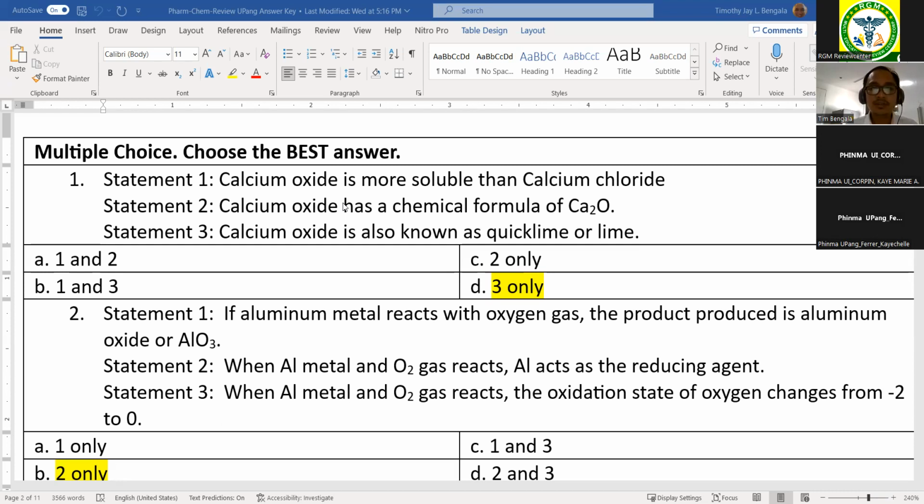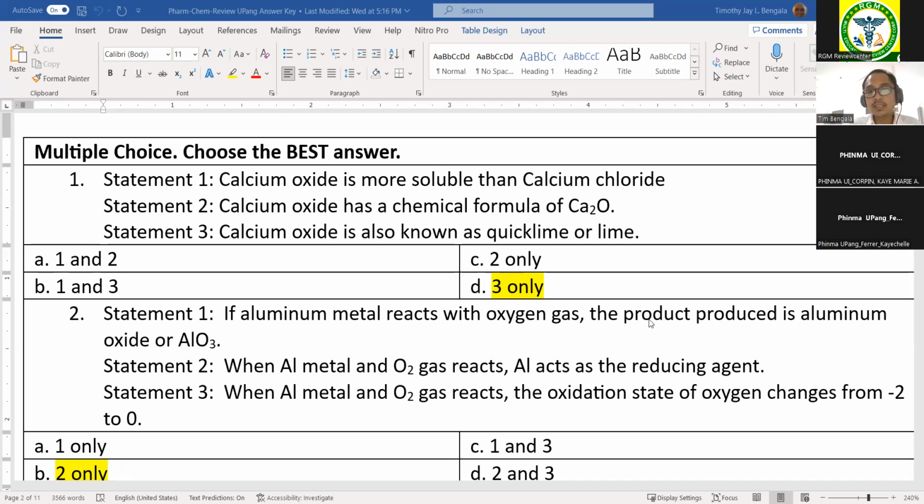So, for the first question, statement number 1 is incorrect. We mentioned that when discussing the prediction of solubility, you look at where they differ. They are both cations, so that is not the point of difference. What we look at next is the anion.